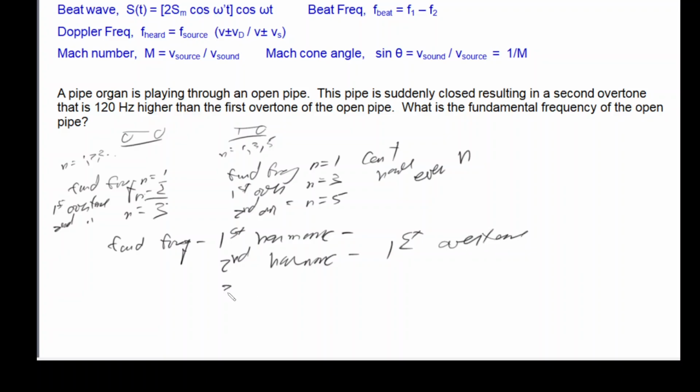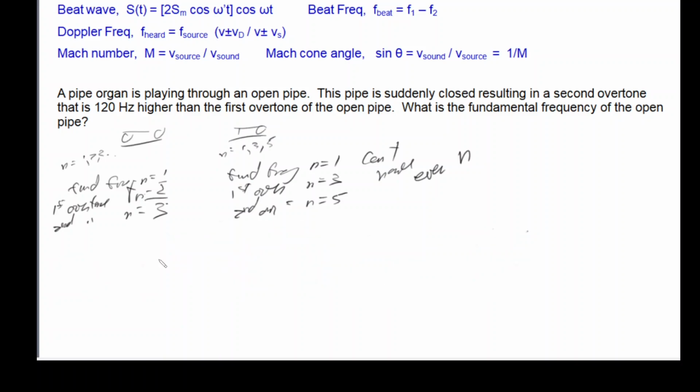And the third harmonic is equal to the second overtone, and so on. So it gets confusing. This is n equals 1, this is n equals 2, this is n equals 3 for an open pipe. So this gets very confusing unless you're a musician. So let's get back to our problem.